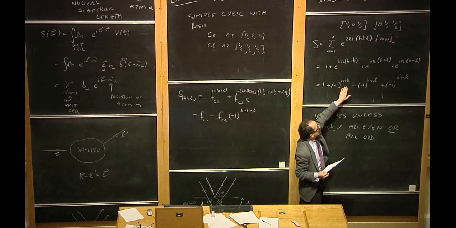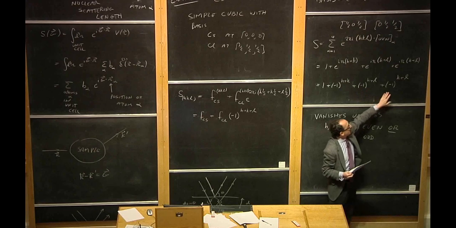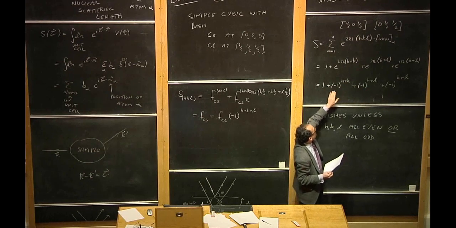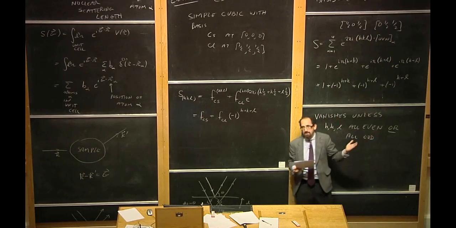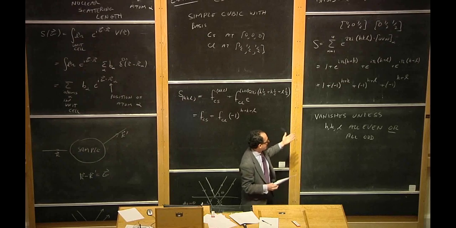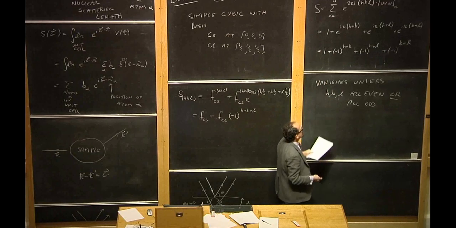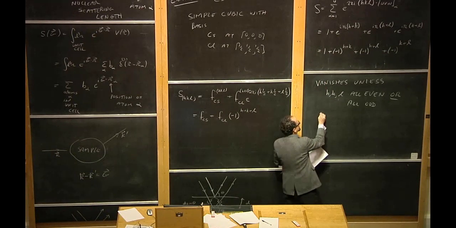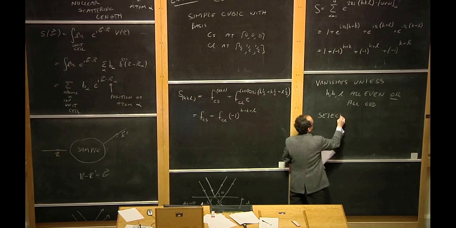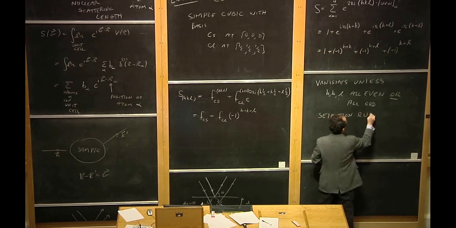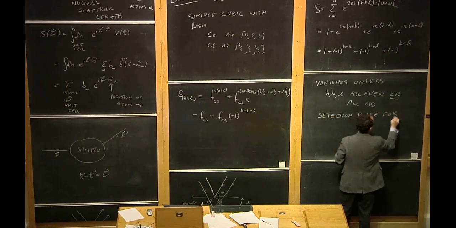Then h plus k is odd, h plus l is odd, but k plus l is even, so we'll have 1 minus 1 minus 1 plus 1, and it vanishes. And you can convince yourself that unless h, k, and l are either all even or all odd, it will vanish. So this is the selection rule for FCC.